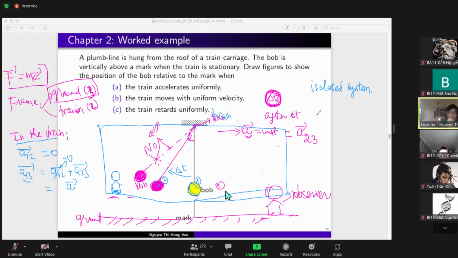Okay, so now I think I agree with Huỳnh Đức at this point. It's an explanation for the acceleration. So we continue with the idea of Huỳnh Đức, okay?